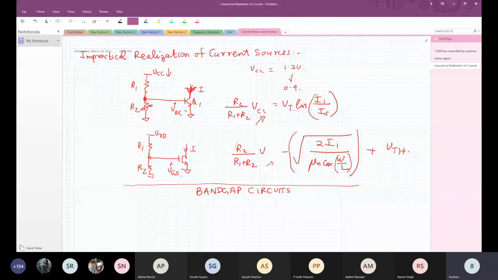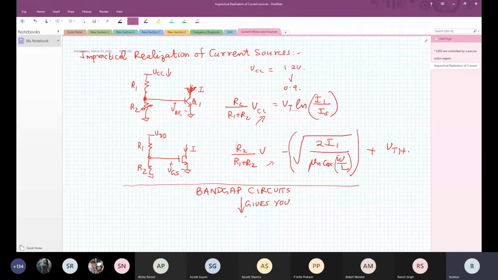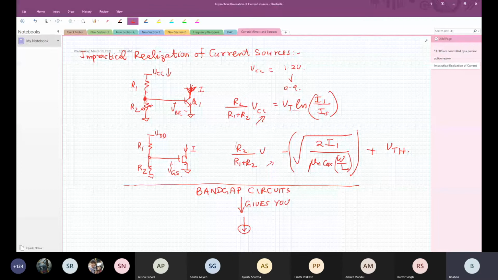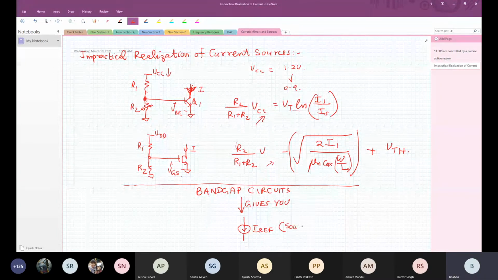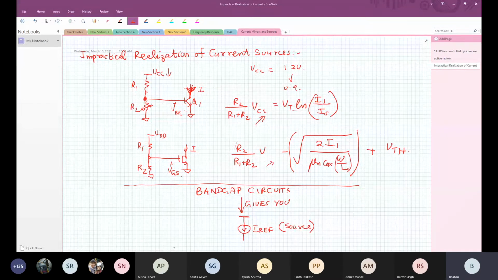So now we have a band gap circuit that gives you an IREF. This is a current source if it is coming from VDD.